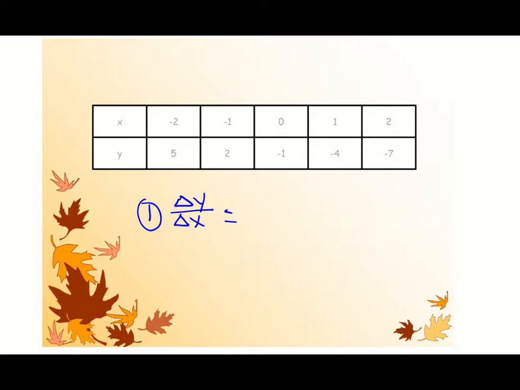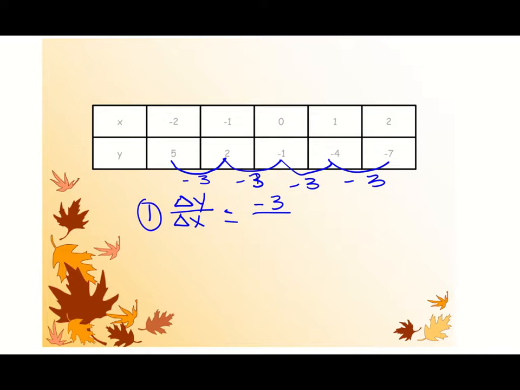Now the thing you have to make sure you're doing is when I'm doing the change of y, it's on the bottom of the table. So from 5 to 2, the change from there is subtracting 3. From 2 to -1, it's also subtracting 3. From -1 to -4, subtracting 3. So that's going to be the top of our fraction, -3.